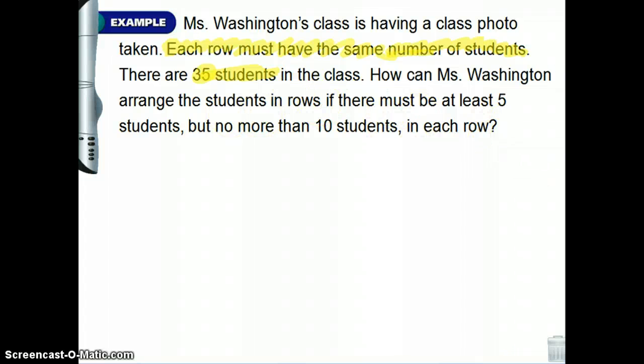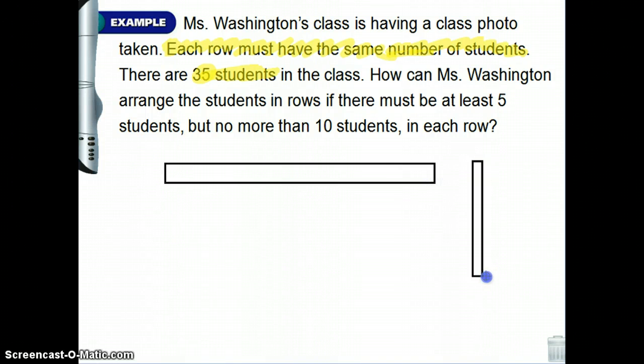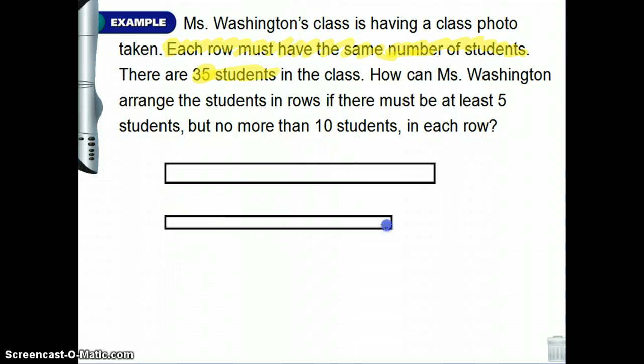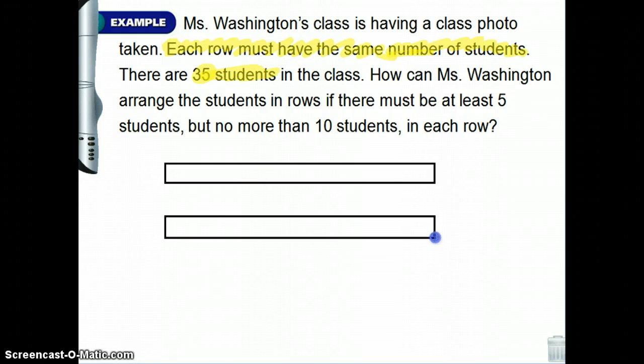So what I'm going to do here is these are rows, these are columns. Okay, so we're not talking about columns right now. We are talking about rows. So let's see how many rows it would take.